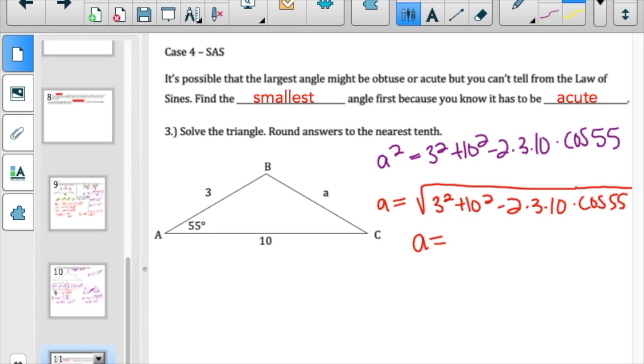Go ahead and type it in and make sure that you know how to get the square root sign and get the exact correct answer.